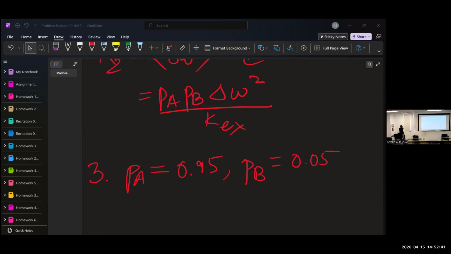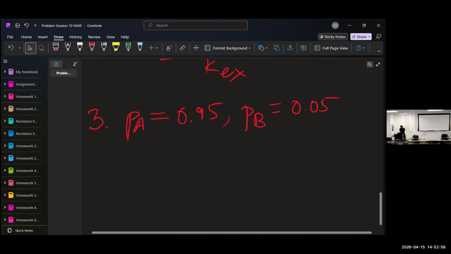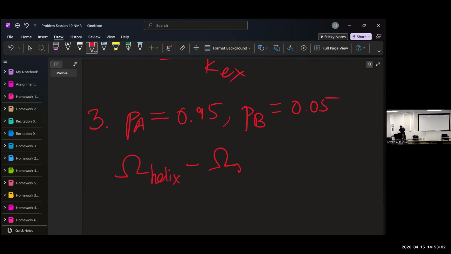If the unfolding rate constant is 500 per second, unfolding in about 2 milliseconds, what do you predict for R2 at a proton Larmor frequency of 600 megahertz? This is omega helix minus omega random coil, 3 ppm.